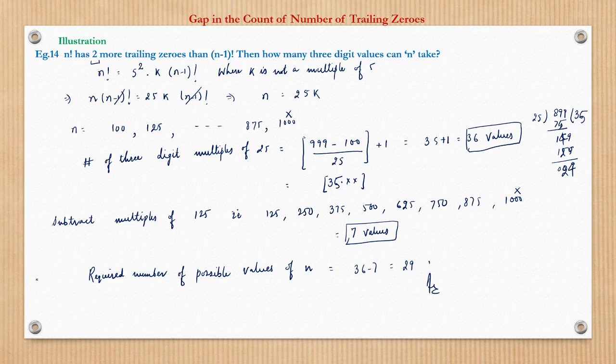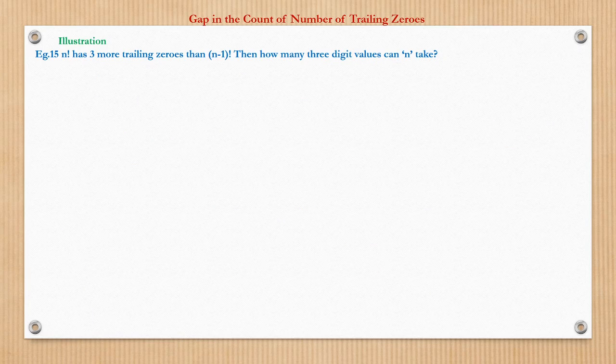Now we'll solve another question. n factorial has 3 more trailing zeros than n minus 1 factorial. So certainly n factorial must be in the form of 5 raised to power 3 into some natural number k into n minus 1 factorial, where k is not a multiple of 5.